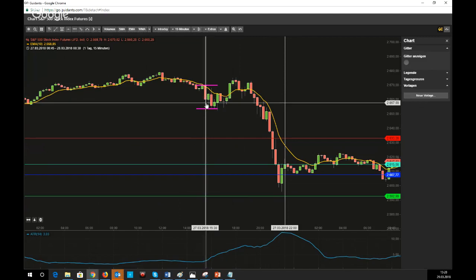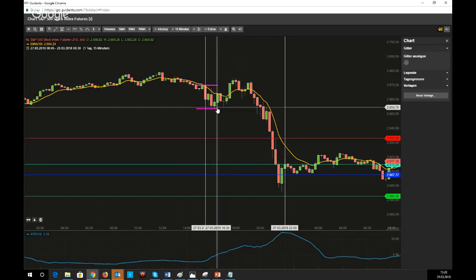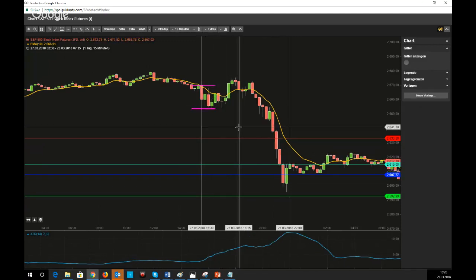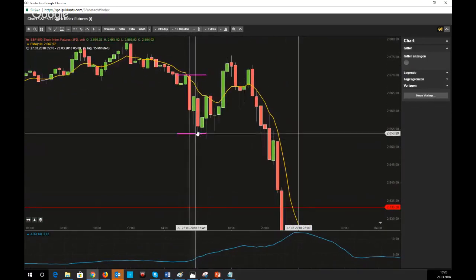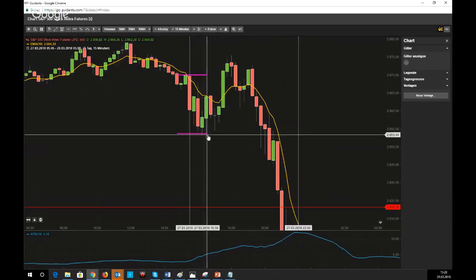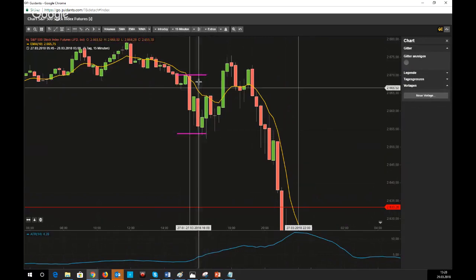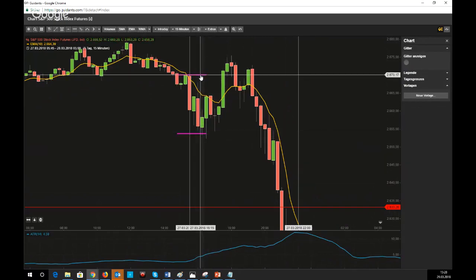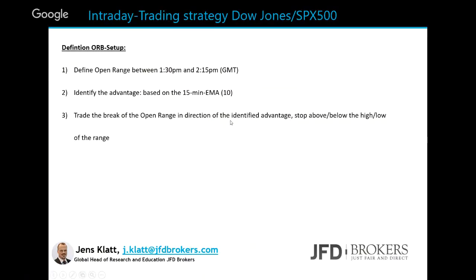Low 60. Yeah. So now the problem is that you're triggered here on the short side. You can see there's a small spike occurring here, respectively, if not here, then it's the next candle. You can see that you're triggered on the short side, and you're placing your stop above the highs, as mentioned here in point 3. So trade the break in direction of the identified advantage.